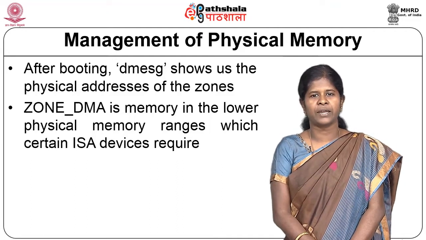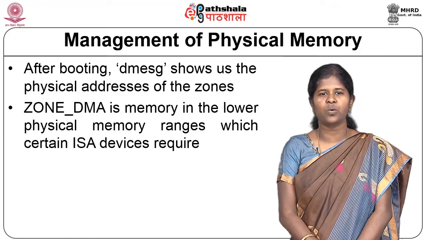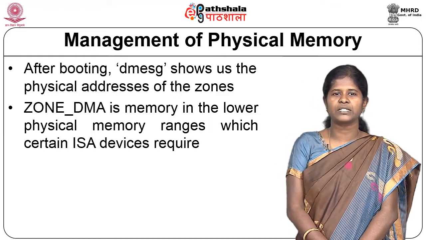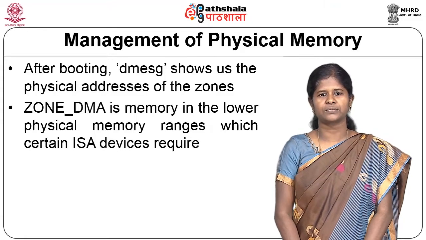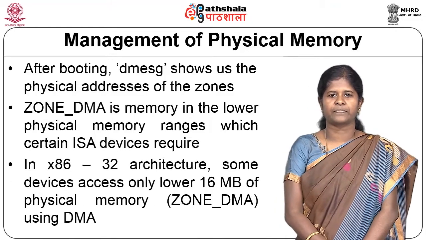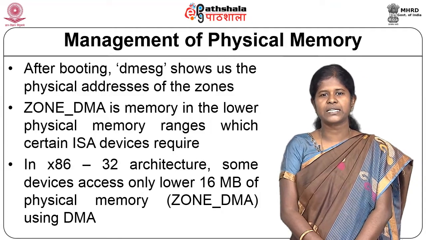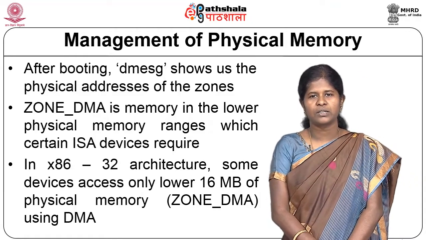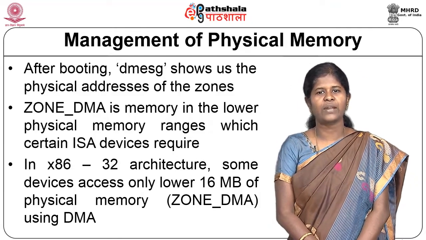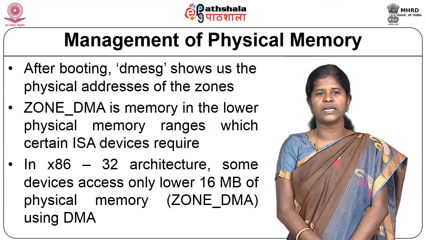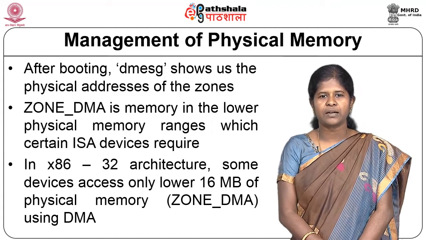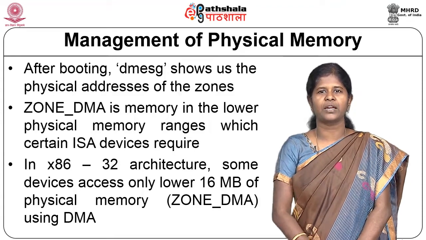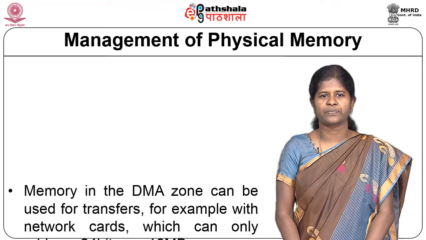First is zone DMA, which is the memory in the lower physical memory ranges, and this is required by certain ISA devices. In the x86 32-bit architecture, some of the devices will access only the lower 16 MB of the physical memory using DMA, and this region of the physical memory is called zone DMA.